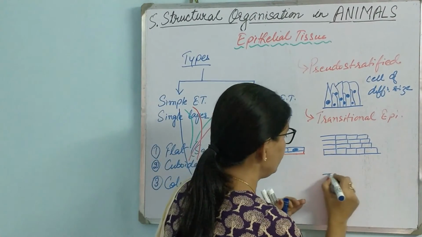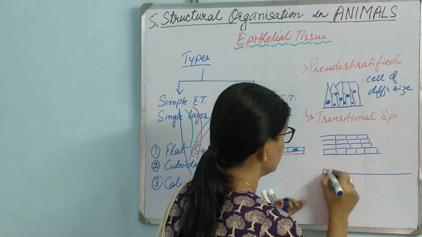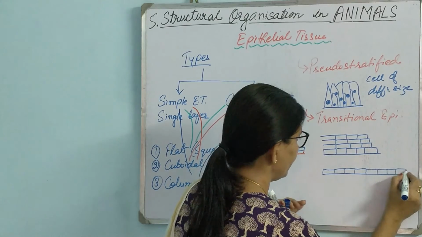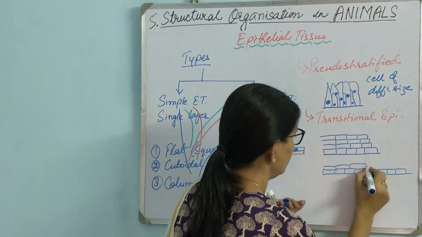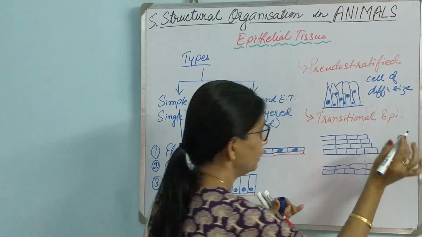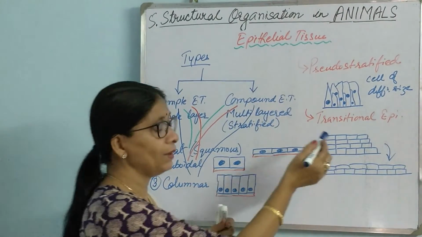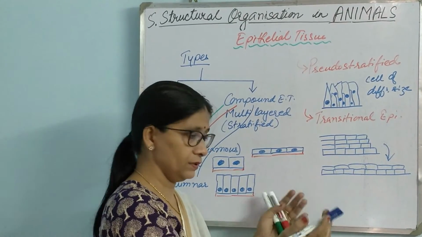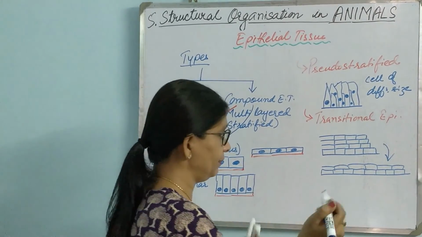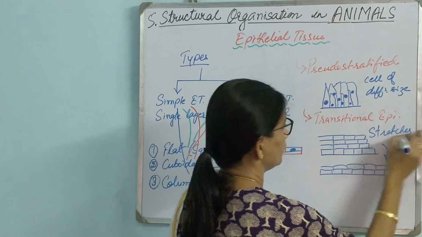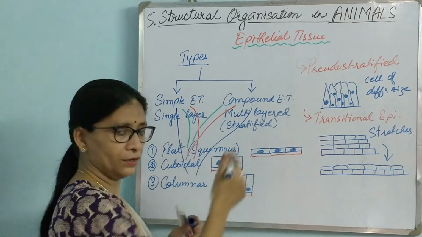So if it stretches, what will happen? It will stretch and get thin. Multi-layered will become few layers or even one layer. So it is stretchable. It can become multi-layer, it can become unilayer as the condition demands because of its stretching ability. So these two are unique styles.